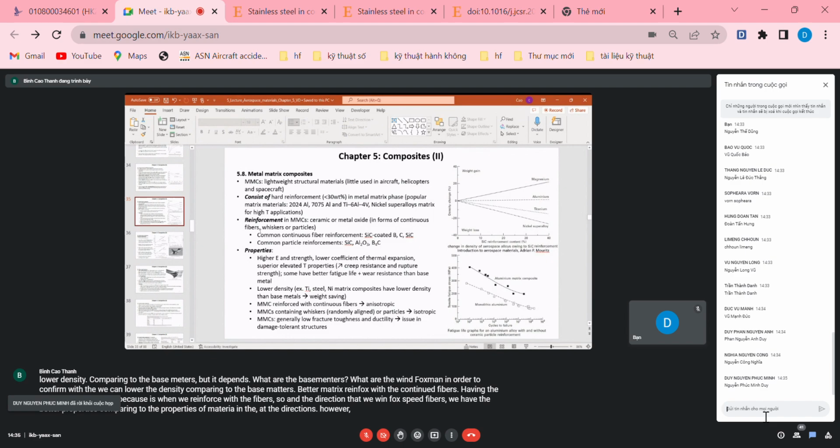However, metal matrix composite containing whisker, randomly aligned, or particle will have, let's say, isotropic properties. And we have isotropic properties of metal matrix composite when the whisker or the particle is well distributed inside the metal matrix. Otherwise, we do not have isotropic properties.